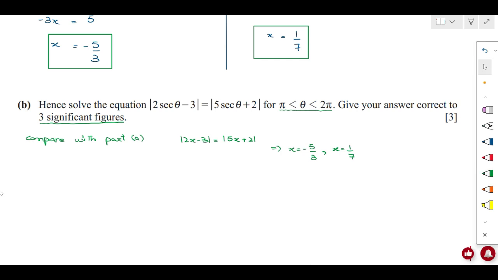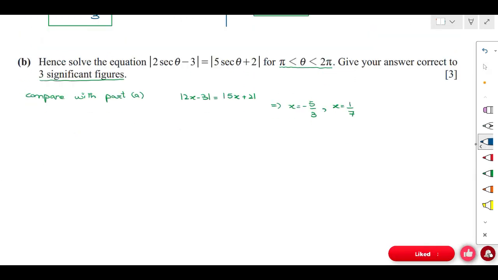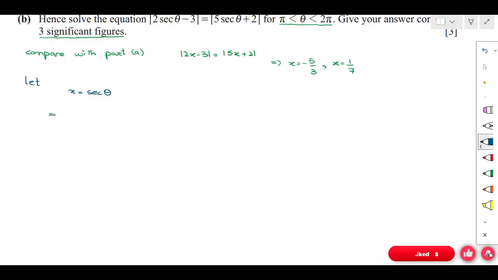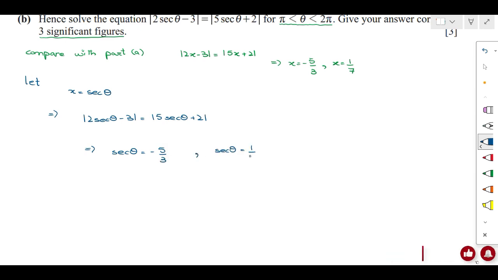When we compare, we come to know that we can let x equal secant theta. When you put x equals secant theta, you will get absolute of 2 secant theta minus 3 equals absolute of 5 secant theta plus 2, and you will get two solutions. The first solution is secant theta equals minus 5 by 3, and the other solution is secant theta equals 1 by 7.